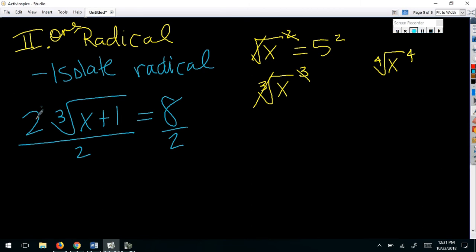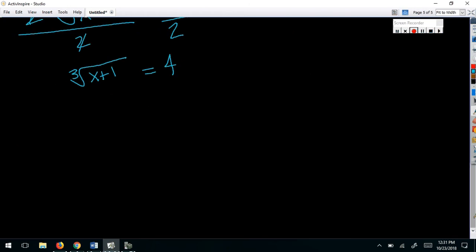So whenever I divide this by 2, I get the cube root of x plus 1 equals 4. Not minus 1 yet, because after the radical is by itself, now you do the third power. Once the radical is isolated, then we must eliminate the radical.